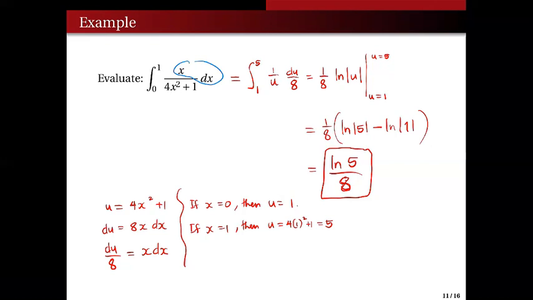Some will do this, okay? They change this variable here, but they do not change these limits of integration. They will end up with the same limits of integration, 0, 1.